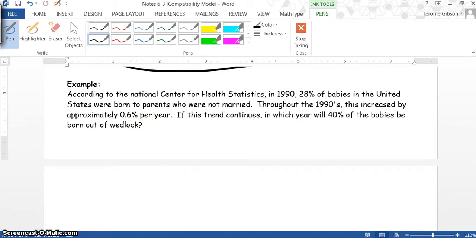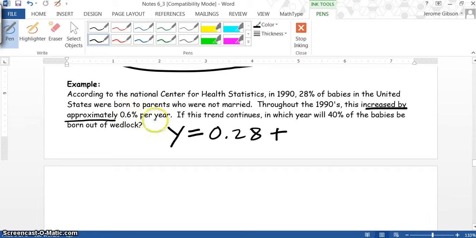Okay, we need to write our equation. So we will have y is equal to. Now, this is what we need to do. First of all, our starting number would be the 28%, which would be 0.28. And we're going to add, because throughout the 90s it increased by approximately 0.6% per year.